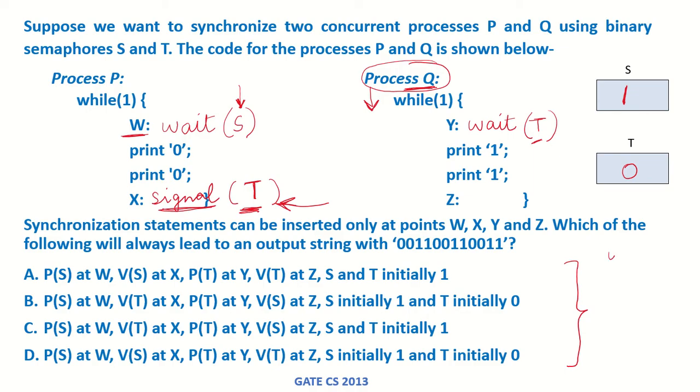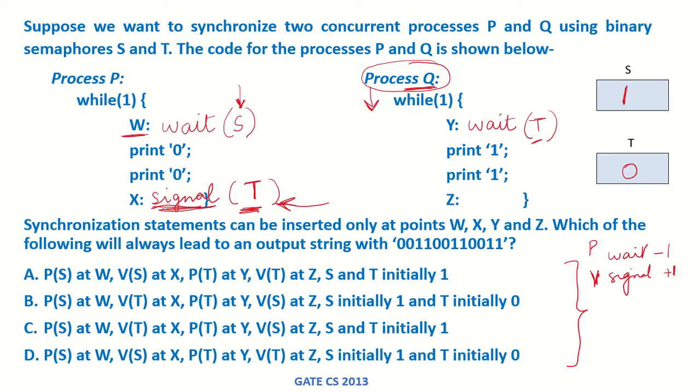We know that wait decrements the value by 1 and signal increments the value of the semaphore by 1, and wait is the P operation and signal is the V operation. So when P terminates, it signals T.